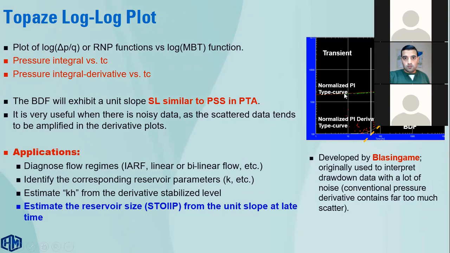So as you can see, we have the normalized pressure integral type curve in this green color and the normalized pressure integral derivative type curve in this red color. Our data is matched using this plot. As you can see, once we have these straight lines, in this case we have boundary dominated flow. So it will be used to calculate the reserve of our reservoir. And the data of this region, or transient flow region, will be used to calculate reservoir properties like reservoir permeability and skin.